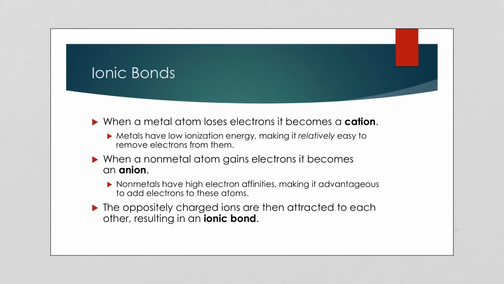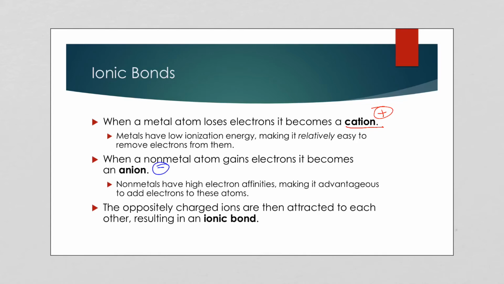So a little bit more on ionic bonds. Again, should be mostly review. When a metal loses an electron, it becomes a positive cation. When a non-metal atom gains an electron, it forms a negative anion. Right?